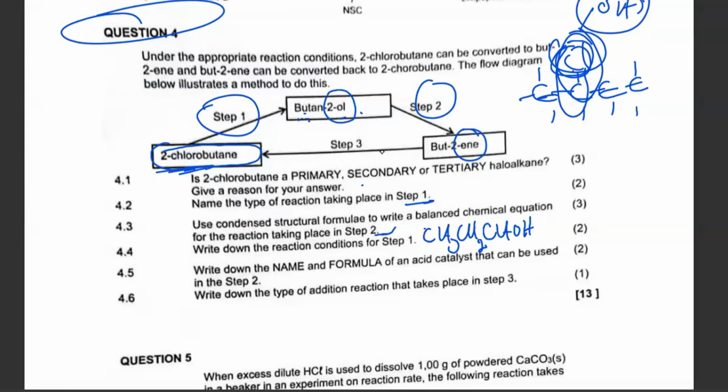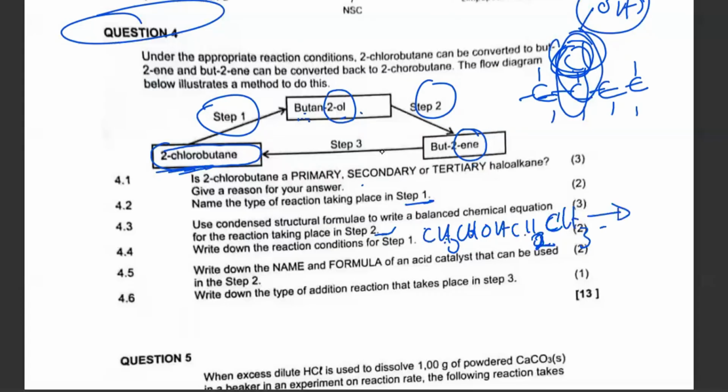Since there are 4 carbons, I'm going to make this CH3, CHOH, CH2, CH3.